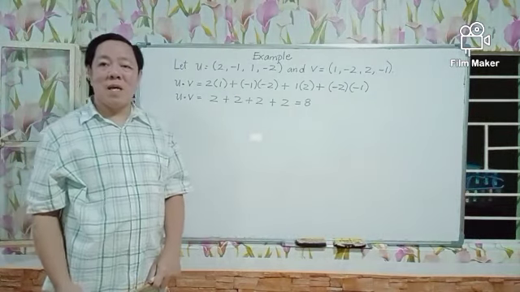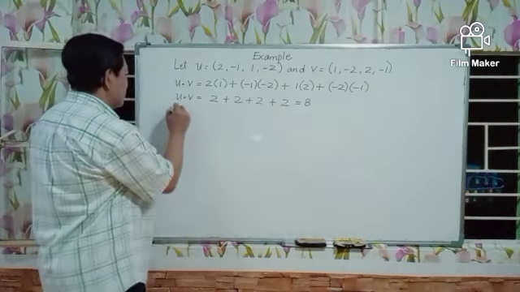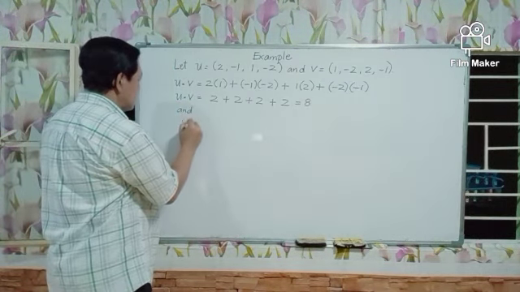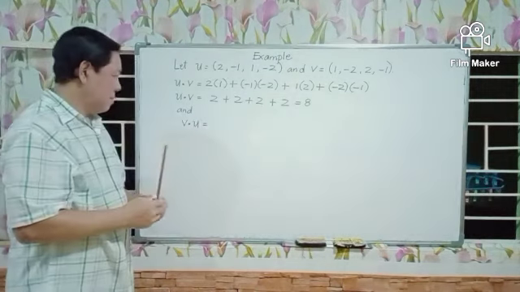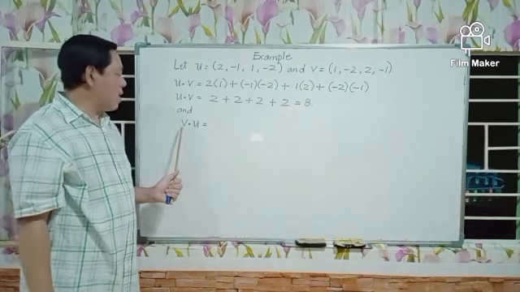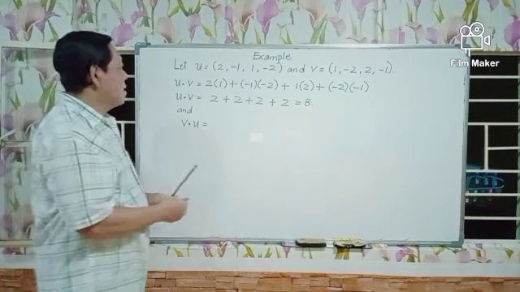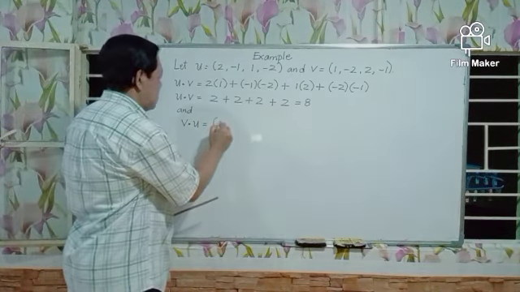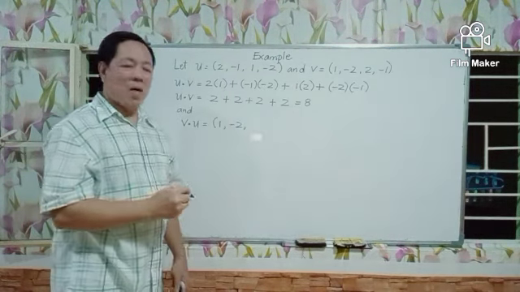Now suppose we take v dot u. To obtain the dot product of the vectors v and u, we write first the vector v, given by 1, negative 2, 2 and negative 1.